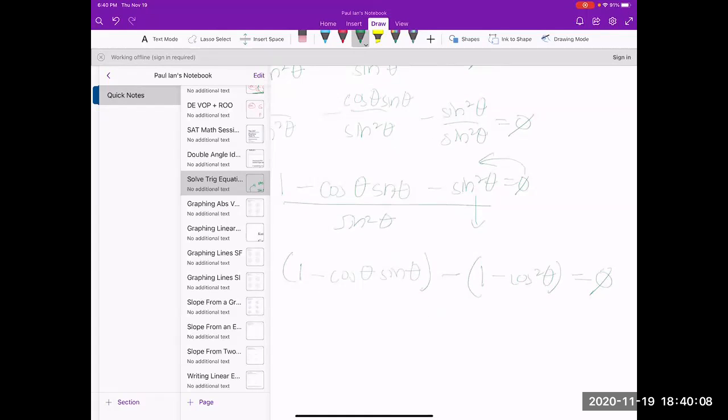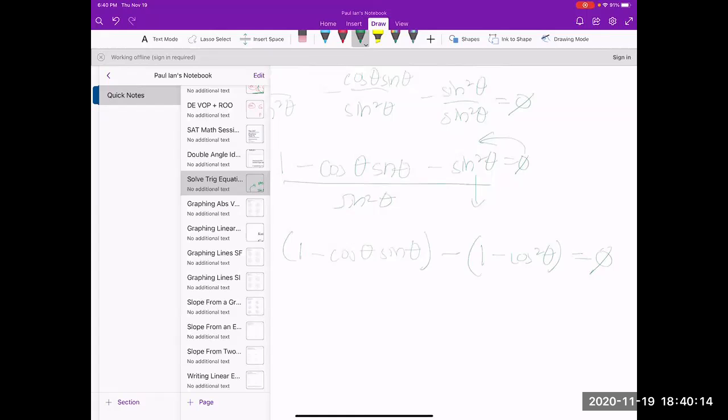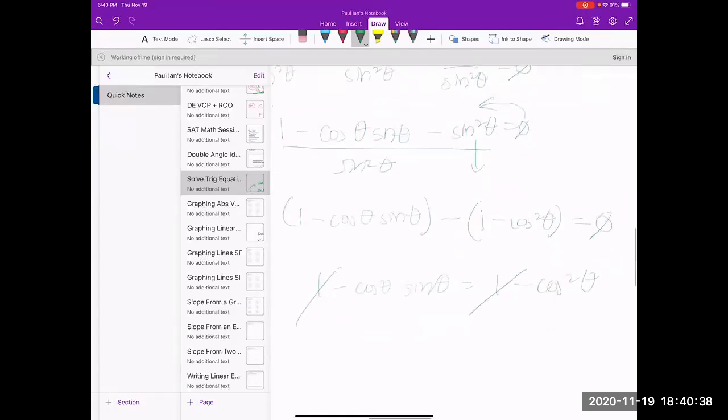So from this, 1 minus cosine plus cosine squared, this cancels. Actually, hold up.